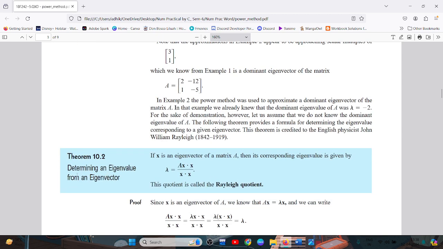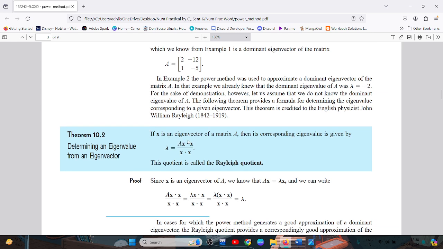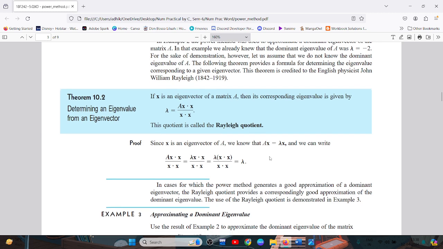Determining an eigenvalue from an eigenvector. If x is an eigenvector of a matrix A, then its corresponding eigenvalue is given by lambda equal to Ax dot x, whole divided by x dot x. This quotient is called the Rayleigh quotient.